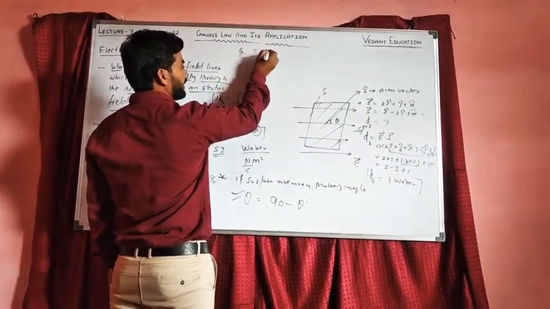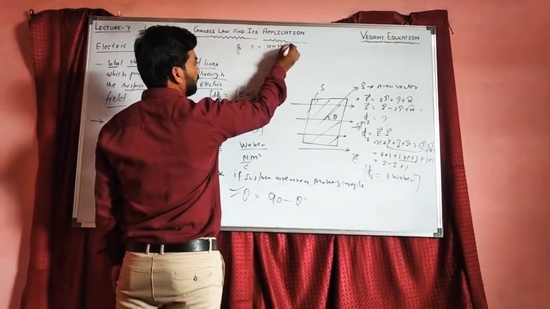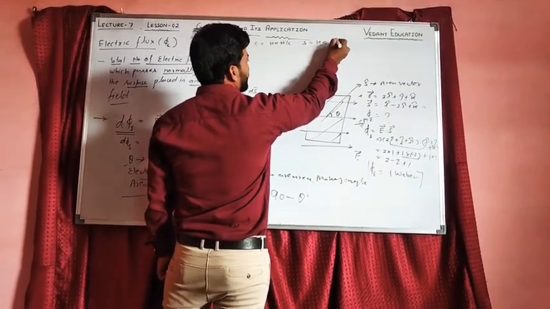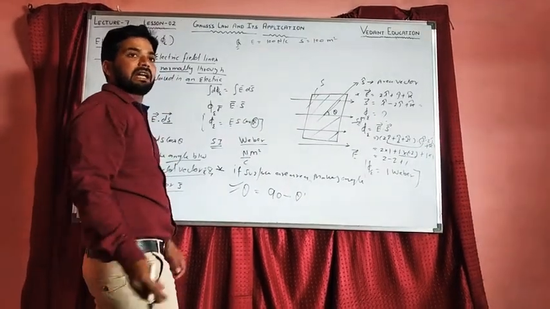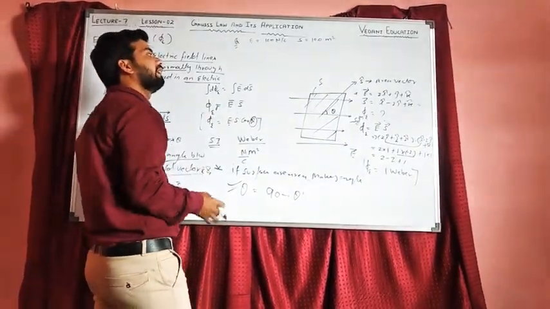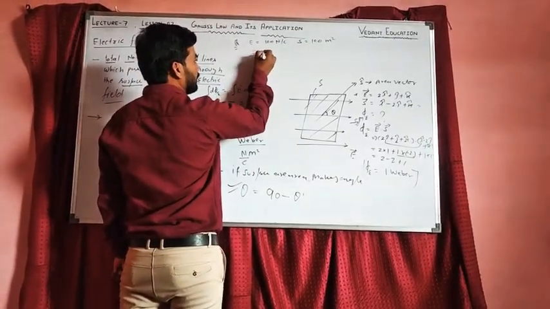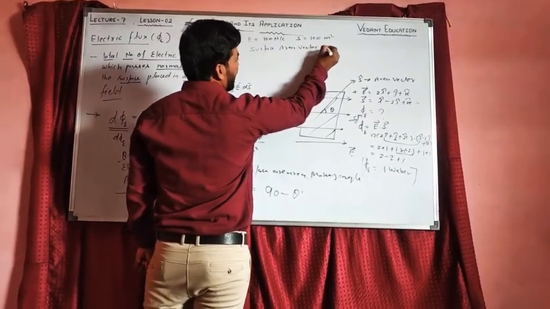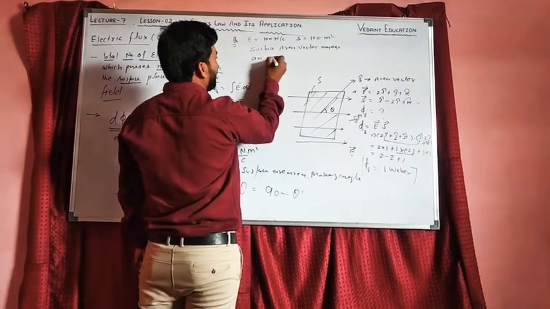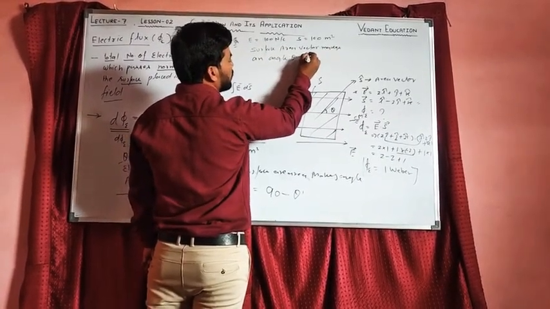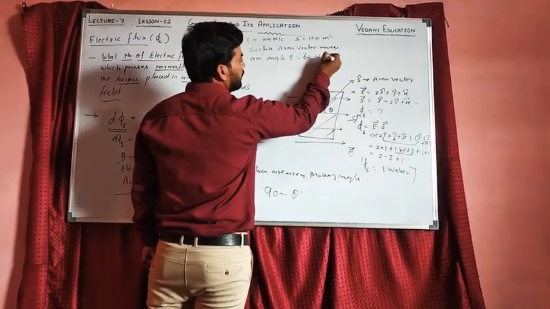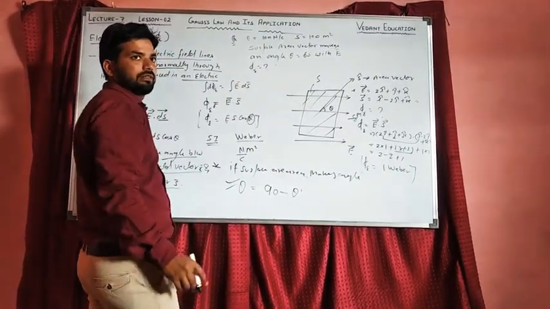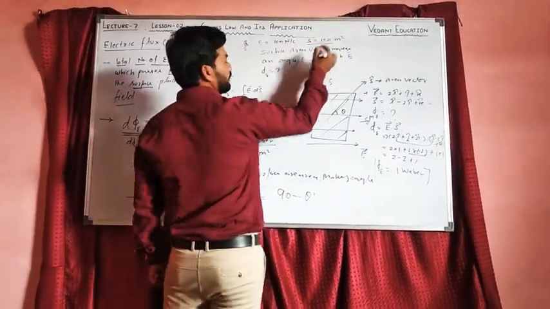If the magnitude of the electric field is given as 100 Newton per Coulomb, and a sheet of surface area 100 meter square is placed in the electric field, and this surface area vector makes an angle theta equal to 60 degree with the electric field vector, then calculate the value of electric flux linked with the surface area.